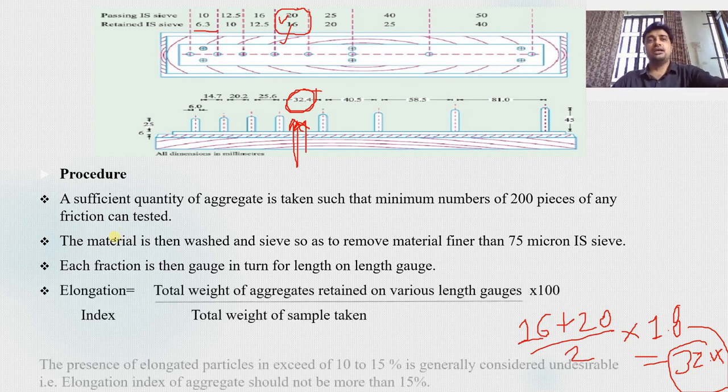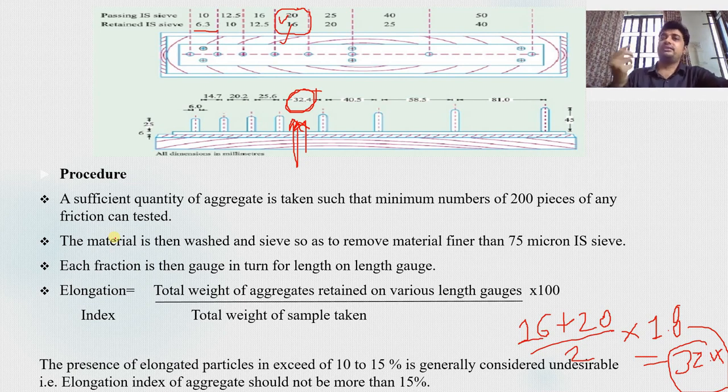If you have different grades of aggregate, you have to pass them through all these gauges. Currently I have taken only one grade of aggregate, which is 16 mm retained and 20 mm passing.